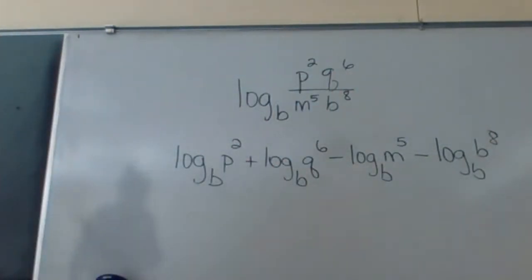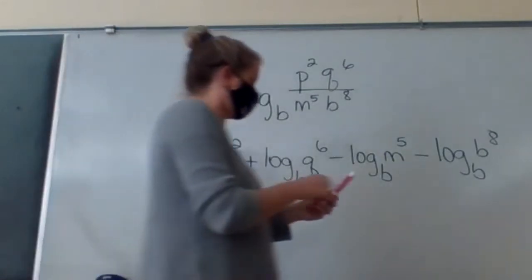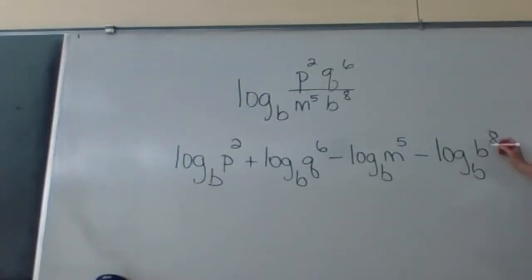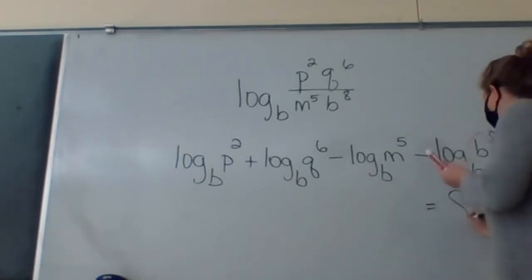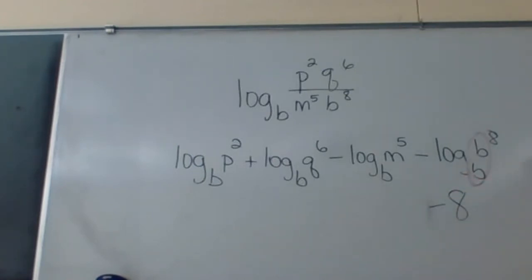So now several different things are happening here. The exponents need to come down to be turned into products. And look at this last one. Anytime you have log base b of b, that whole thing turns into whatever this exponent is. Which means this is just going to turn into minus 8 at the end right there.